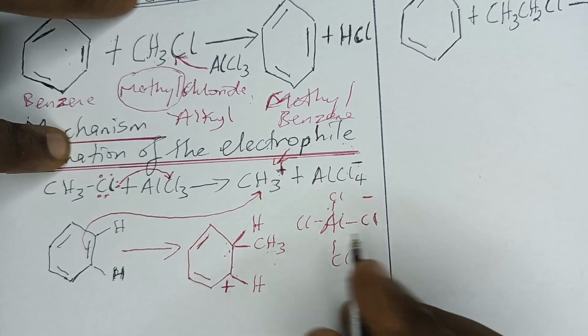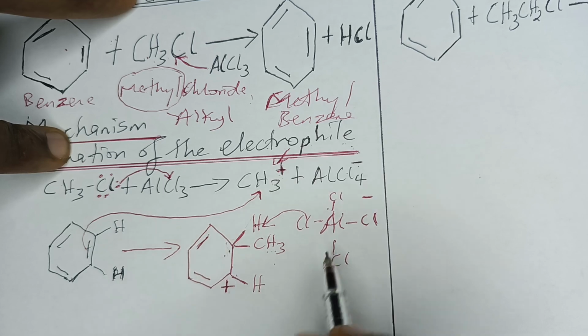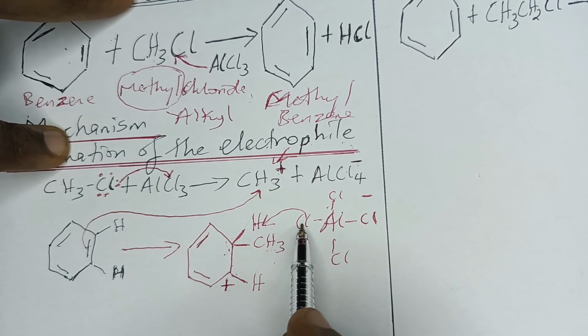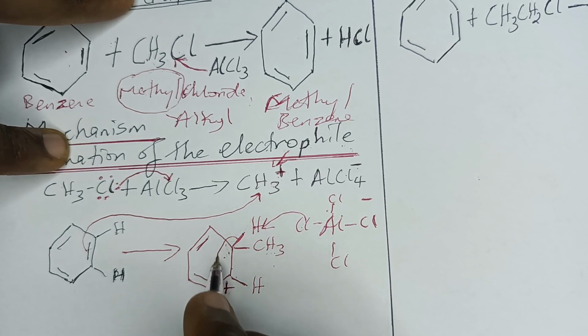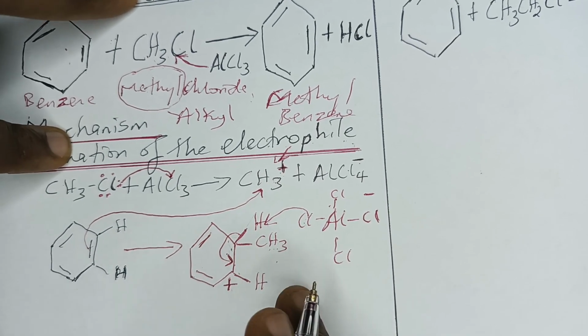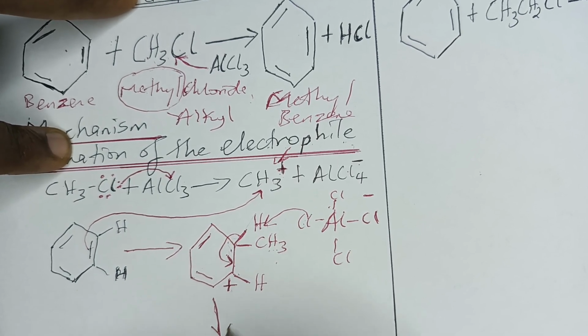So one of the chlorines comes for this hydrogen. When the chlorine attacks, the hydrogen disappears. Once it disappears, the bond of the hydrogen comes back here, which makes this place balanced again and become the benzene ring once more.